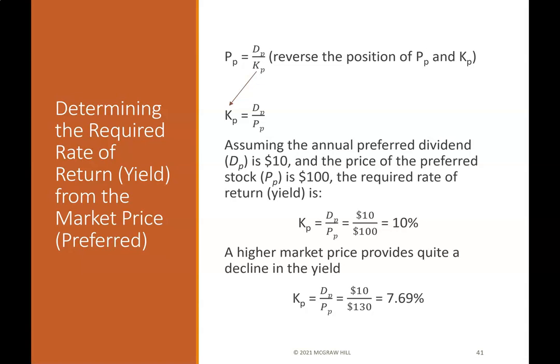A higher market price provides quite a decline in the yield. K equals D divided by P, 10 divided by $130 equals 7.69%.